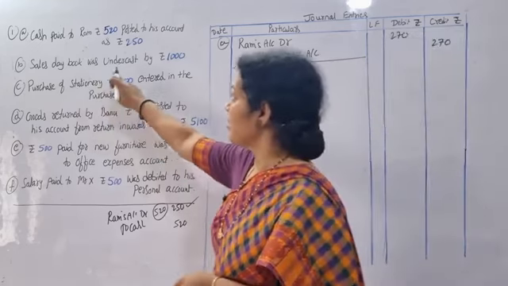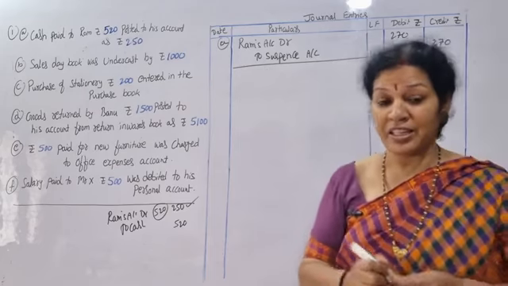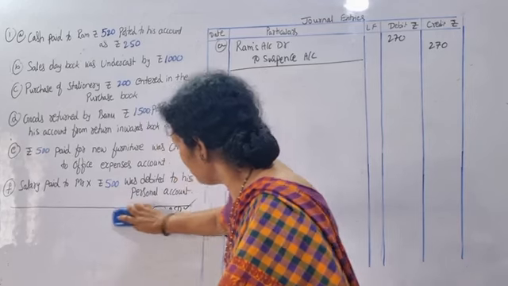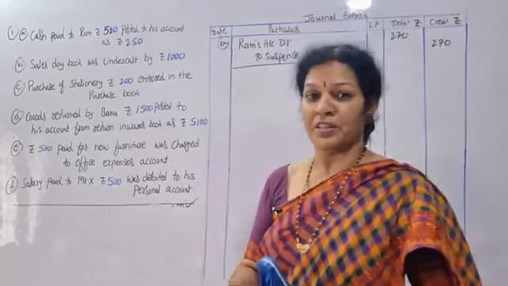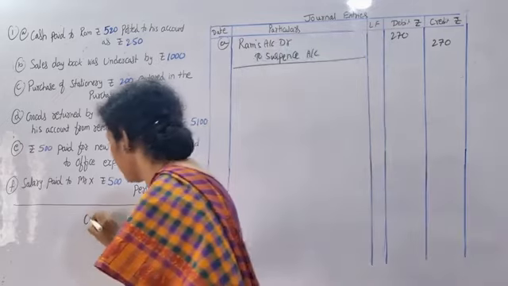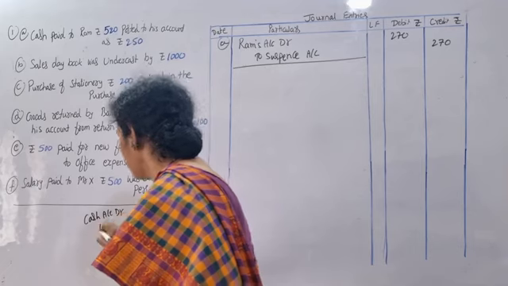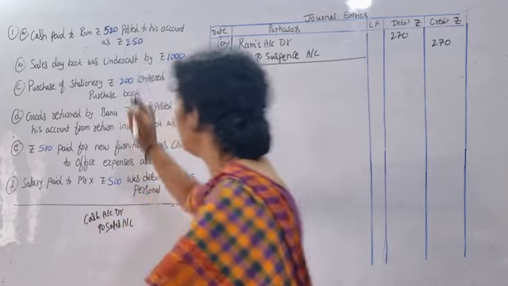Next one. Sales day book was undercast by 1000. Sales day book means what is the entry you'll write? Cash account attached to sales account. This is the journal entry. How much is it?